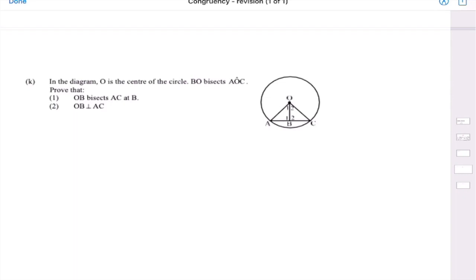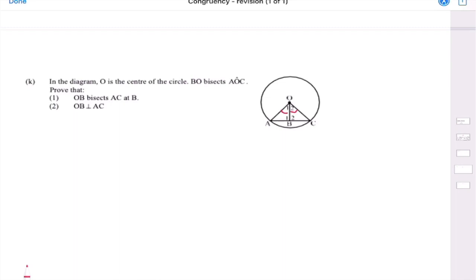That is just another way of telling us that the angle O1, which is here, should be the same size as the angle O2, which is there, because the line OB bisects angle AOC.